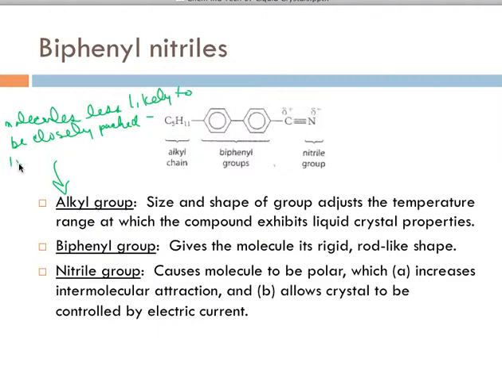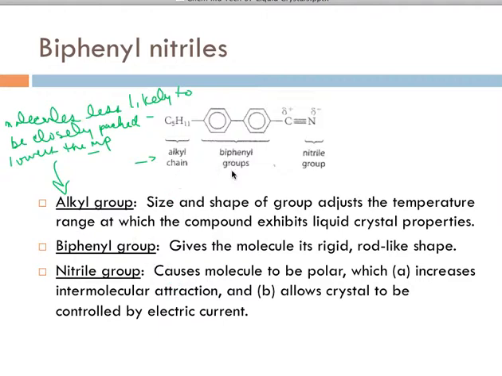And this lowers the melting point. So this is the group that you're going to adjust to set the melting point of your substance to get it into that liquid crystal range.